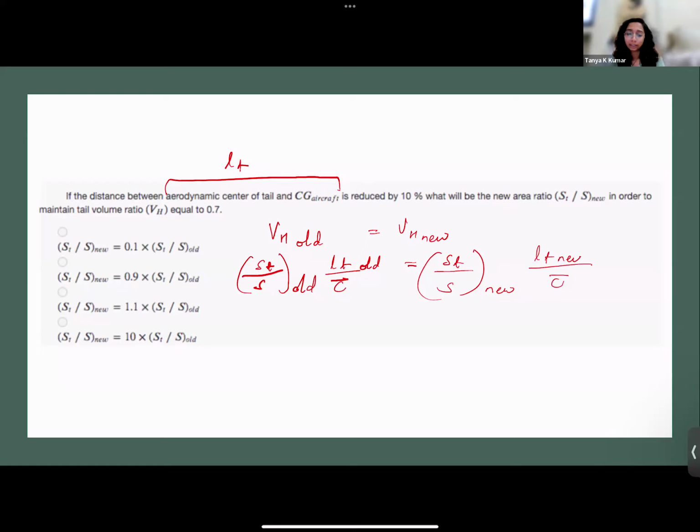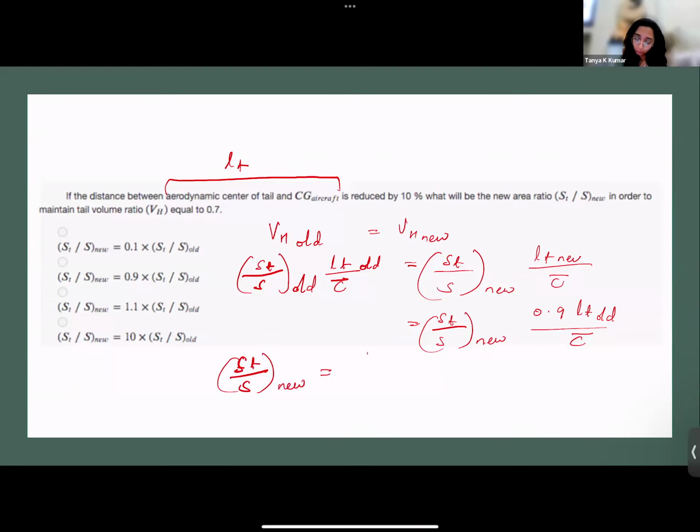It is reduced by 10%, so I'm taking 0.9 of LT old by C bar. Now when you simplify the terms inside, cutting off the common terms, what do you get? You get ST by S new is 1 by 0.9 ST upon S old. So that is nothing but option 3. You're absolutely right.